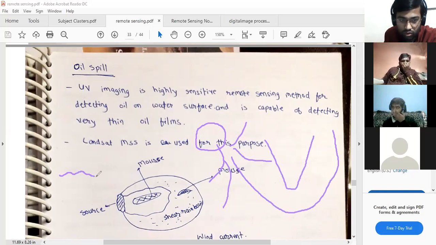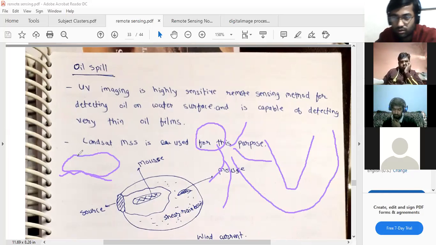So this is your water, and oil will cover the entire surface of the water very easily. Oil can block the mixing of oxygen in the water below. Also it can reduce the sunlight, due to which aquatic life is in danger due to oil spills.